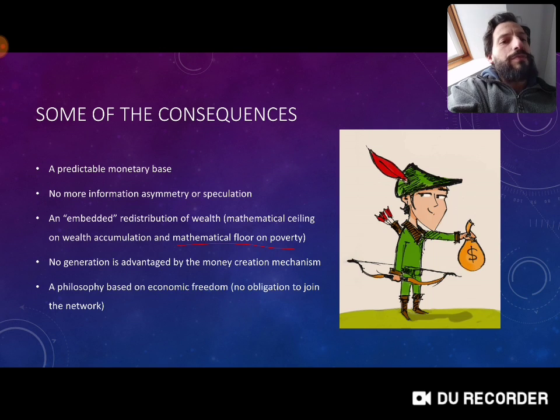And it's a philosophy based on economic freedom. So there's no obligation to join such a network. This is really a monetary system which respects democracy 100%. So you only join if you agree with the underlying philosophical principles. There is not this philosophy, which is the one of the current monetary system, by the way, of either you use our IOUs or we put you in jail because you're counterfeiting money or you're violating regulation and laws.